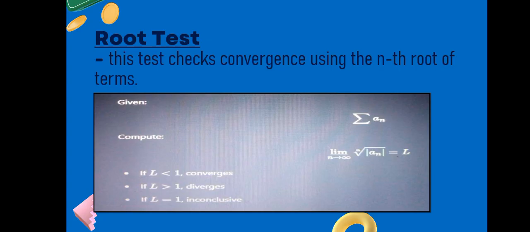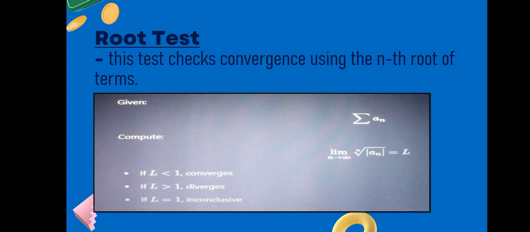If the limit is less than 1, the series converges. If the limit is greater than 1, it diverges. If the limit is equal to 1, it is inconclusive.